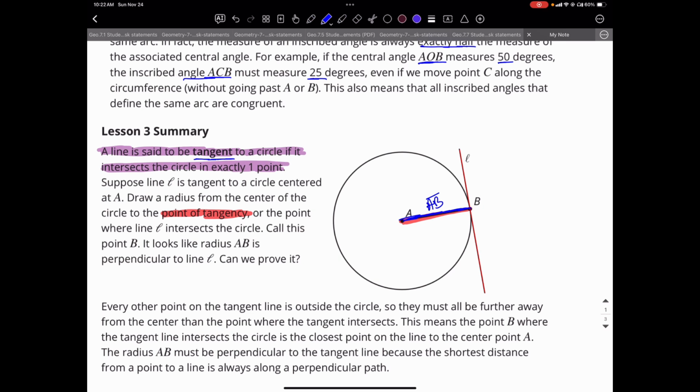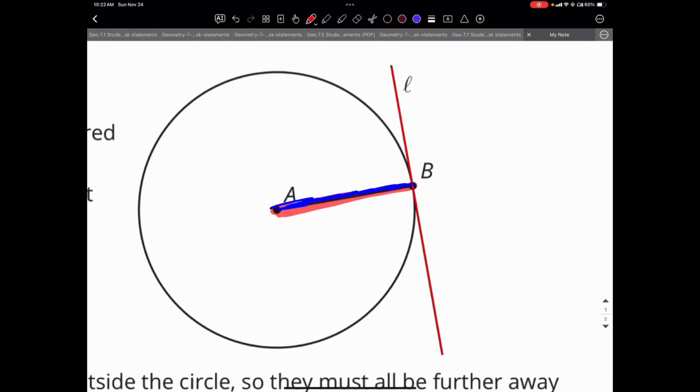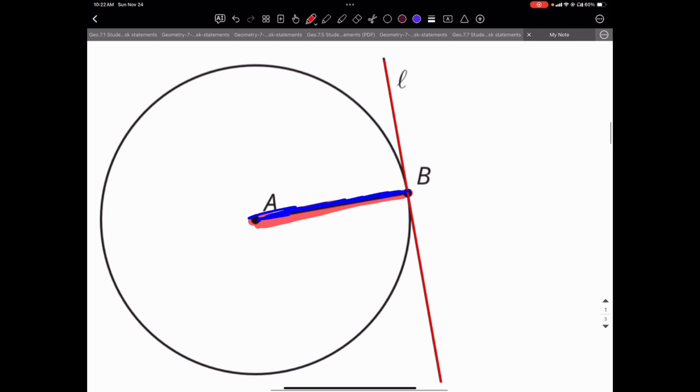Now, when you have a tangent line to the radius, there's a special relationship that's formed there. This tangent line to the radius forms a right angle.